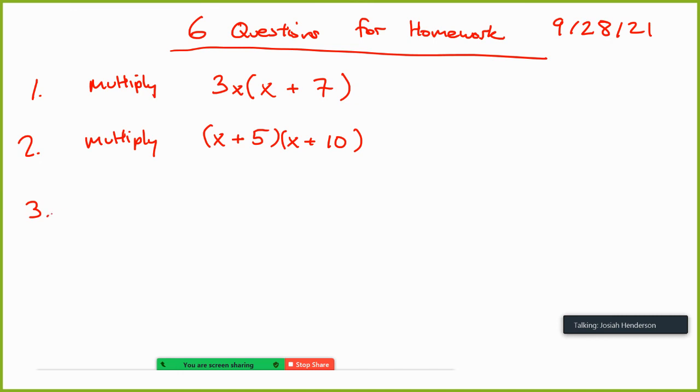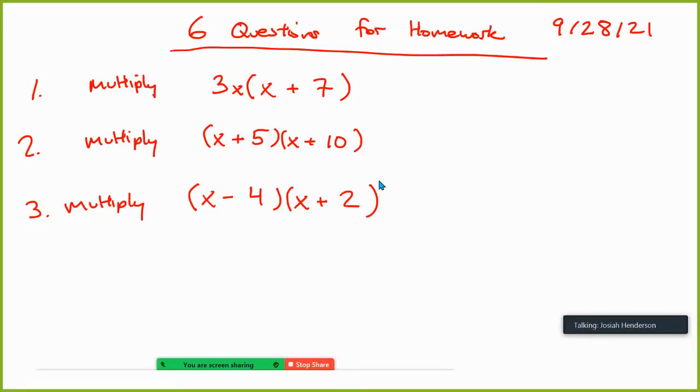Number 3, multiply some negatives. X minus 4 times x plus 2. All right, there's our first 3 problems.